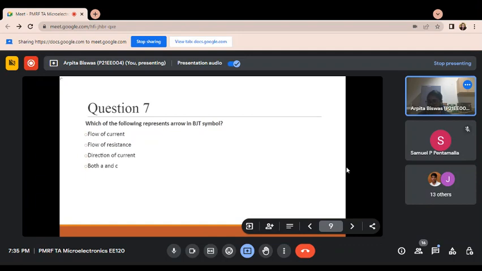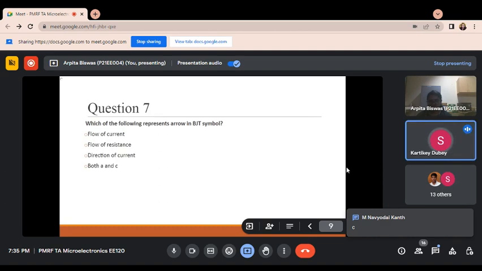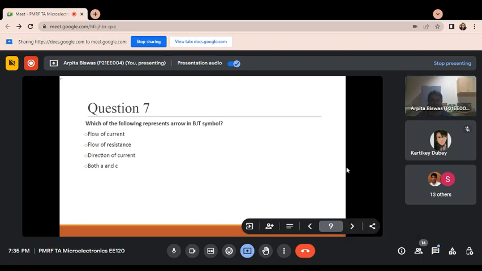Meghna, what is the right answer? Direction of current. Okay. Jayashree, what is the right answer? Okay.